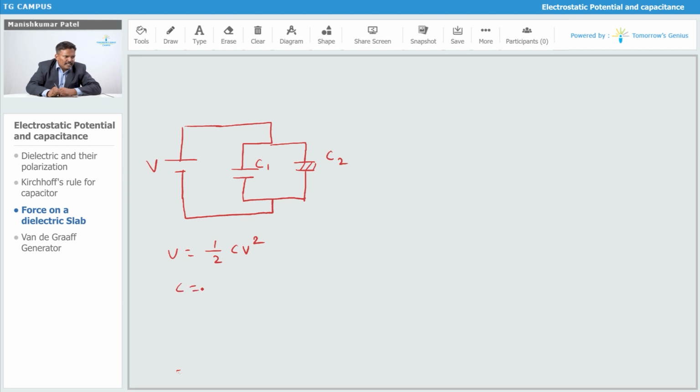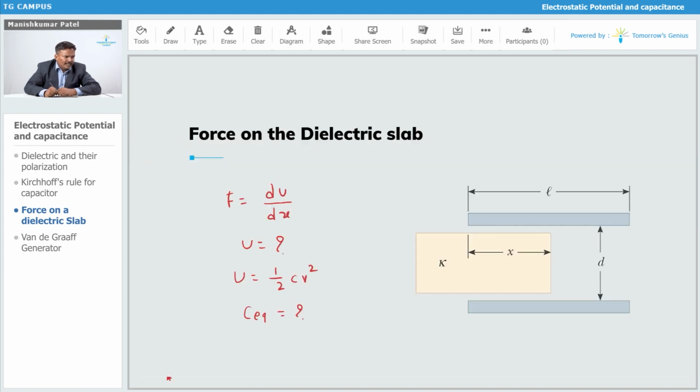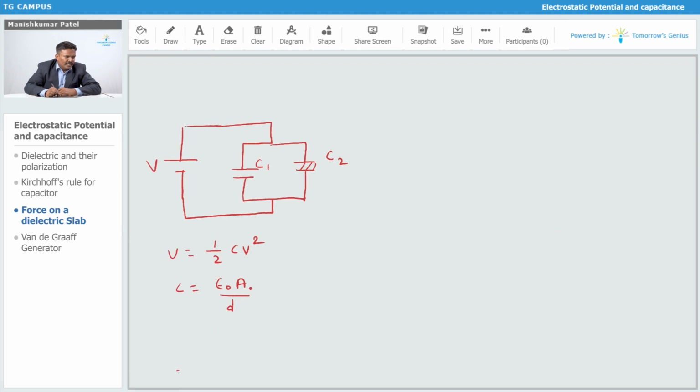Now again, C is nothing but, as we know, epsilon naught A by D. Further, the length is L, and then the length and width. For the first part, you can consider L, and the breadth, B minus X, upon D. So this is nothing but the capacitance without the dielectric.